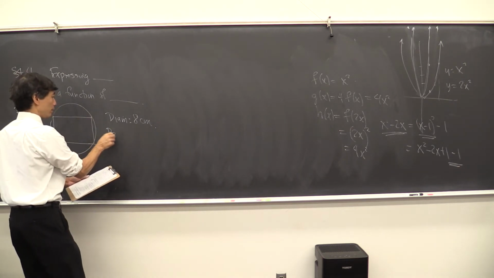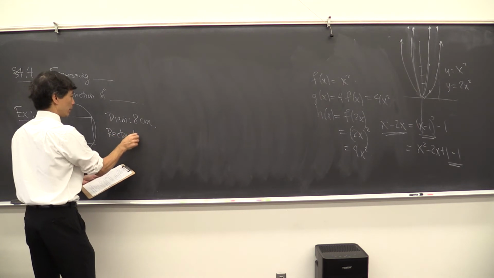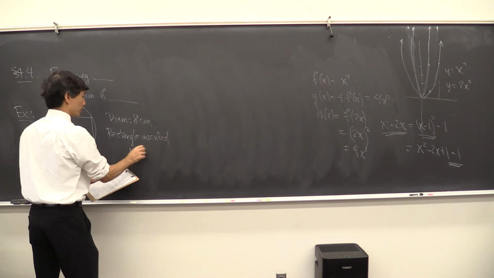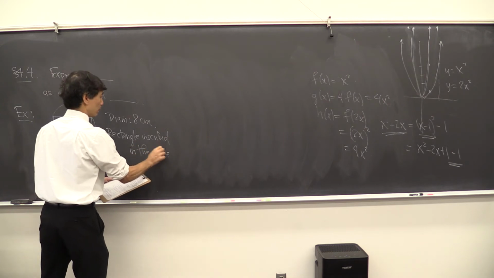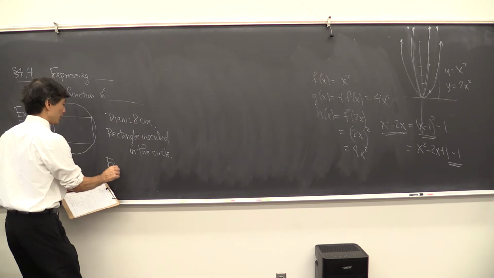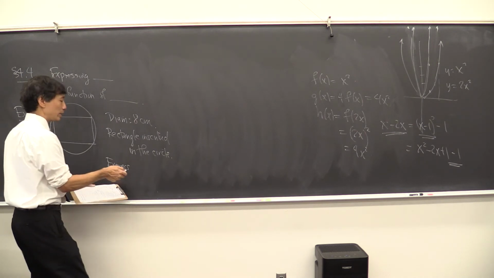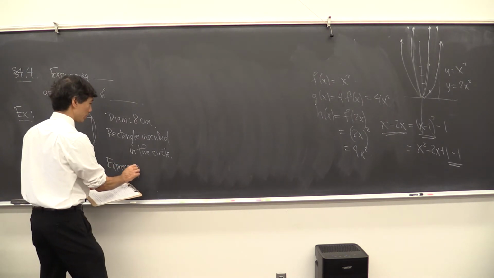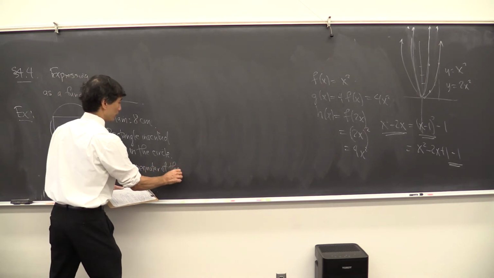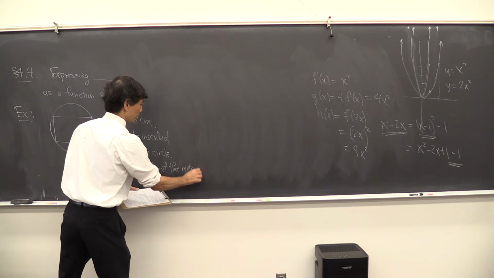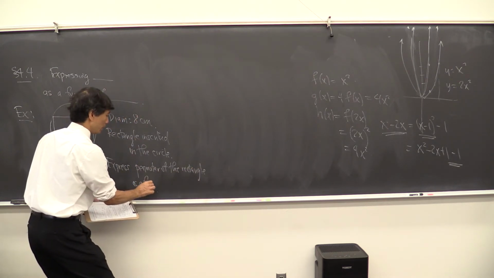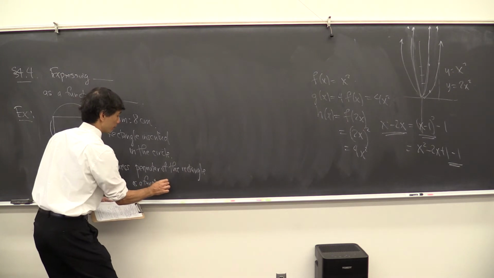Okay, and the question is: express the perimeter of the rectangle as a function of its width.